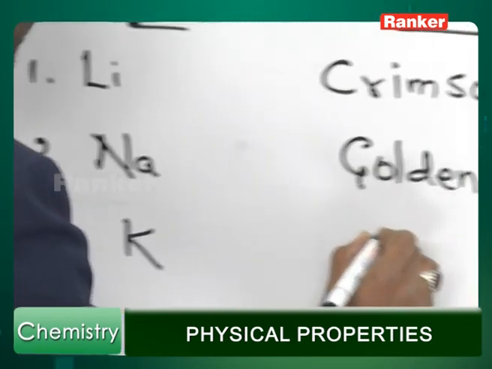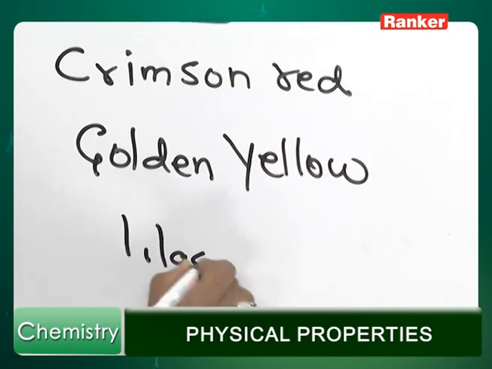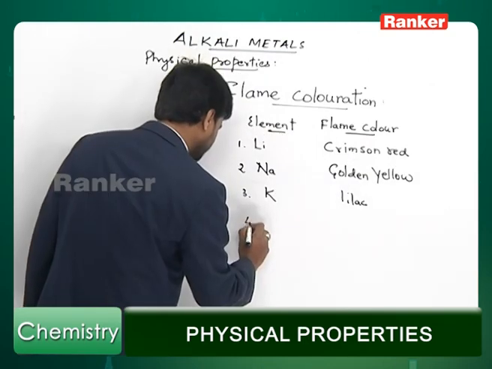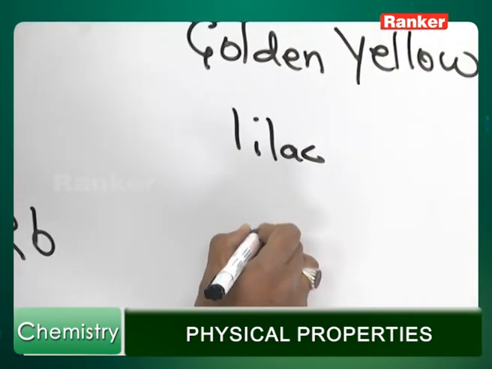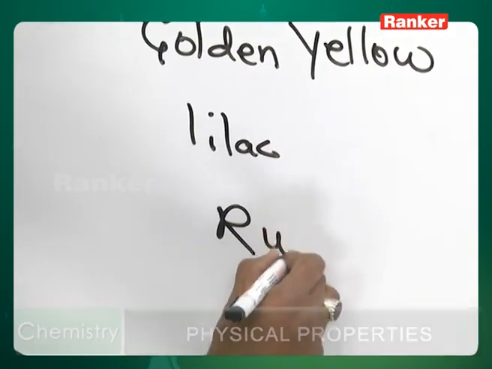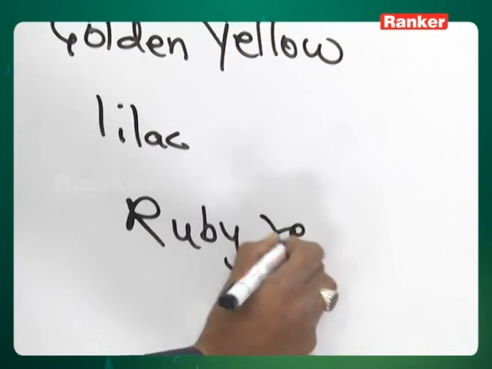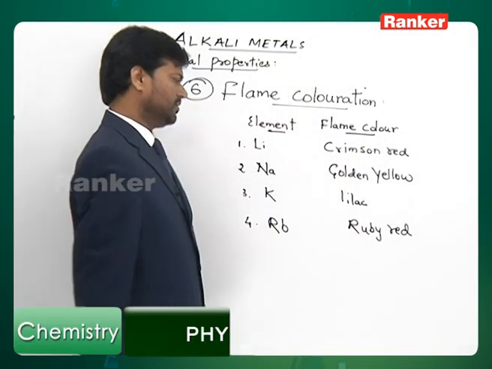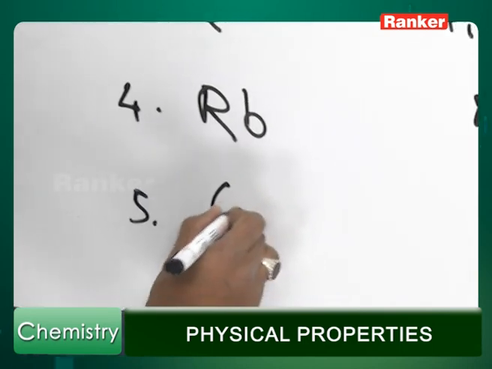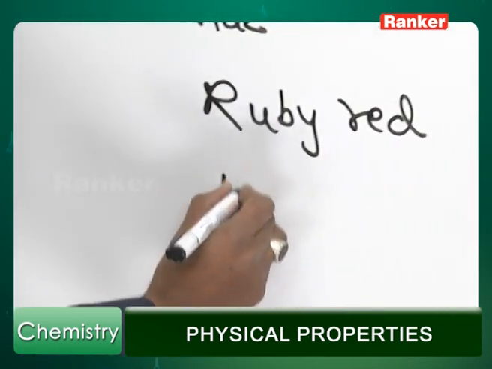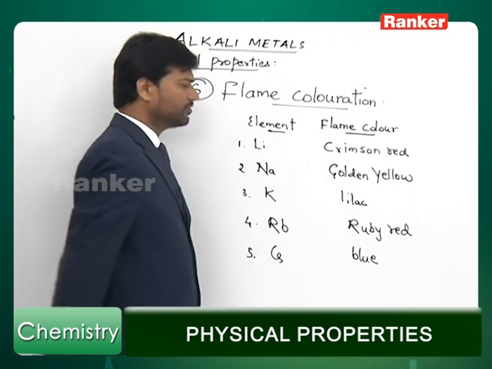Potassium produces lilac. Rubidium, ruby red, and cesium produces blue coloration.